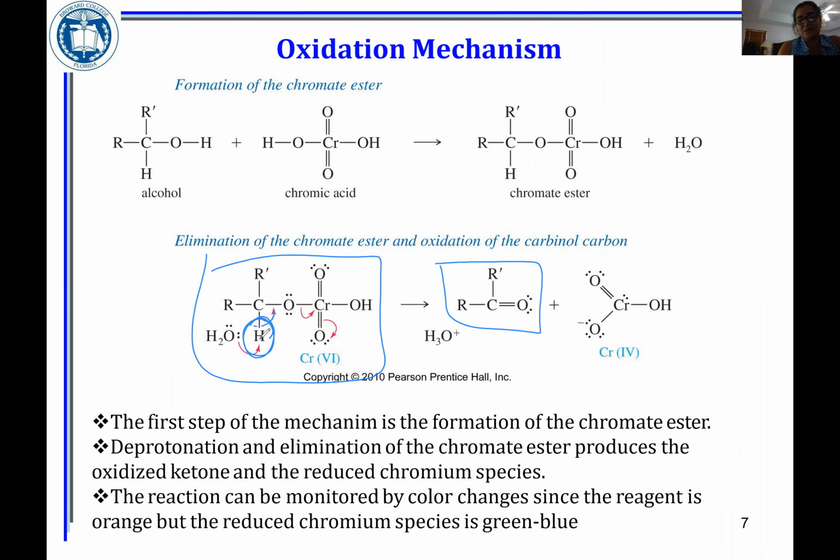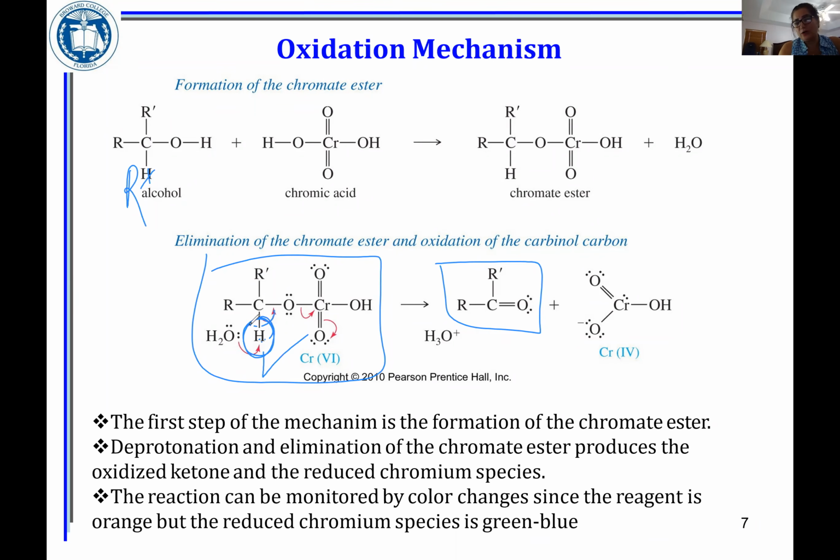The presence of this hydrogen is very important. So if it's a tertiary alcohol, and this was an R here instead of the hydrogen, this step was not possible. And since this step of the reaction was not possible, tertiary alcohols do not go through oxidation. So what makes the difference is the presence of this hydrogen.